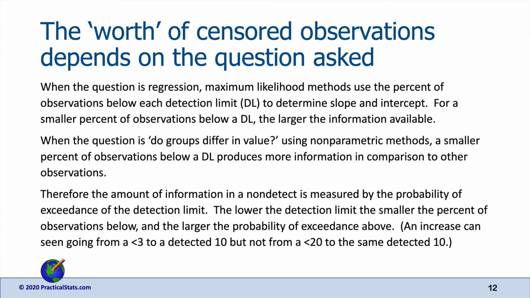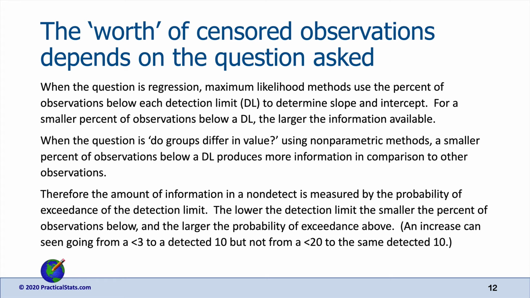When the question is, do groups differ in value, or other tests that are using nonparametric methods, a smaller percent of the observations below the detection limit again produces more information, because you can directly compare it to other observations. If you have a less than 3 in your data set and you have detected 10s in your data set, you can say that when you go from a less than 3 to a 10, you've gone up.